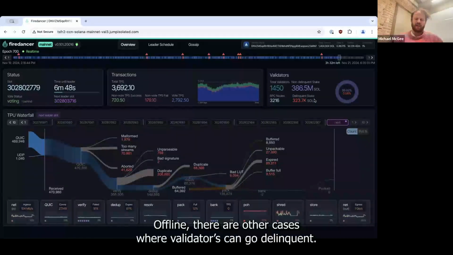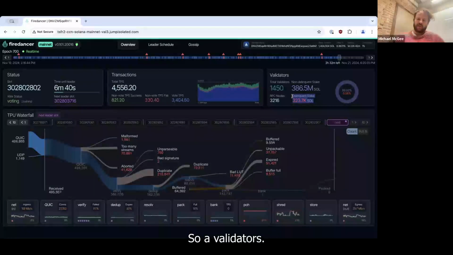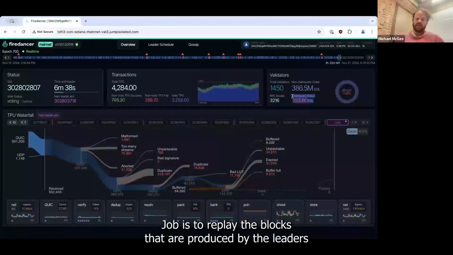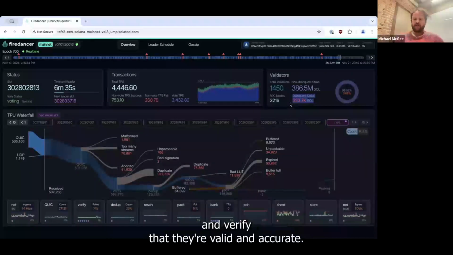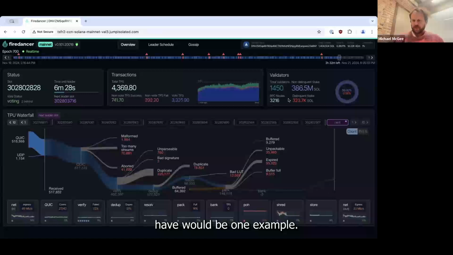As well as being offline, there are other cases where validators can go delinquent. One case is if the validator is said to be falling behind. So a validator's job is to replay the blocks that are produced by the leaders and verify that they're valid and accurate, that nobody tried to send a balance of SOL that they didn't have, would be one example.